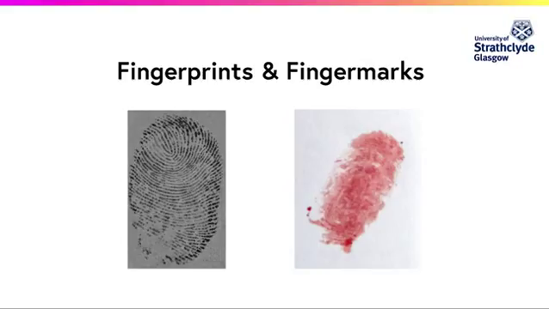As such, there is a difference in the quality and clarity of fingerprints and finger marks. Fingerprints will be of a good quality, showing all the ridge detail and would ensure that all detail was recorded, whereas finger marks are generally of poorer quality as they could be incomplete and smudged.